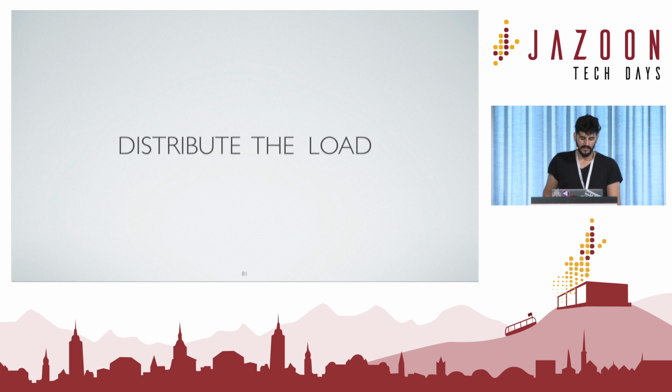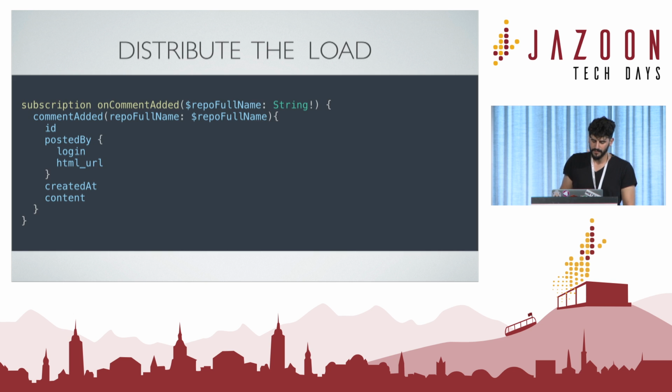The last thing I would like to talk about is how to get this subscription setup to be more production ready. If you remember from before, I said that our subscription query will run for each event fired, and GraphQL execute will call a resolver function on each field we see on this query. Not only that, we can also see on this particular query that we want to get the login name and the HTML URL from a user object, the user that actually wrote this comment.